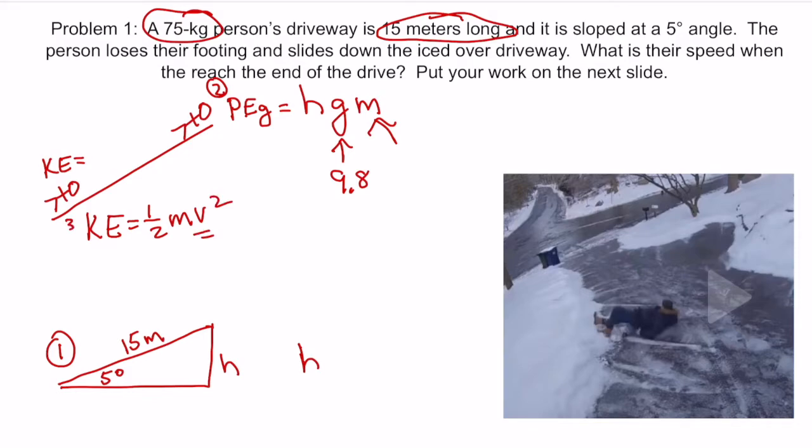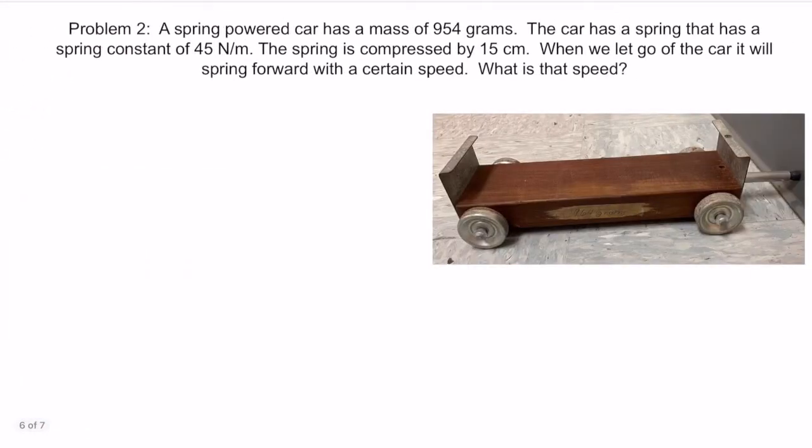So that would be step 3, and that's all you have to do. Find the height using trig, use the height to get your potential gravity, set your potential gravity as your kinetic, and solve for velocity.